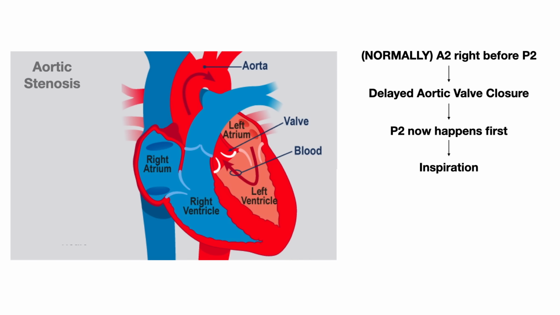But let's say that a patient takes a deep breath in, right? They do inhalation/inspiration. What's happening now? So now they take a breath in, more blood flows to the right ventricle because we have that drop in intrathoracic pressure.